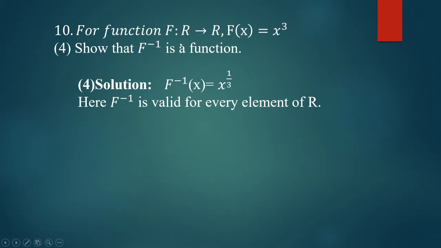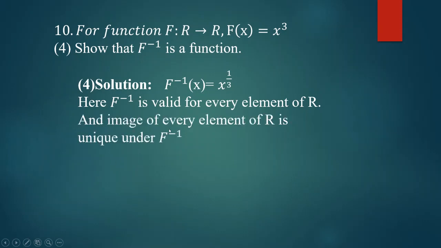And image of every element is unique here: 1 gives 1, 2 gives cubic root of 2. So image of every element of R is unique under this f inverse. So f inverse is a function.